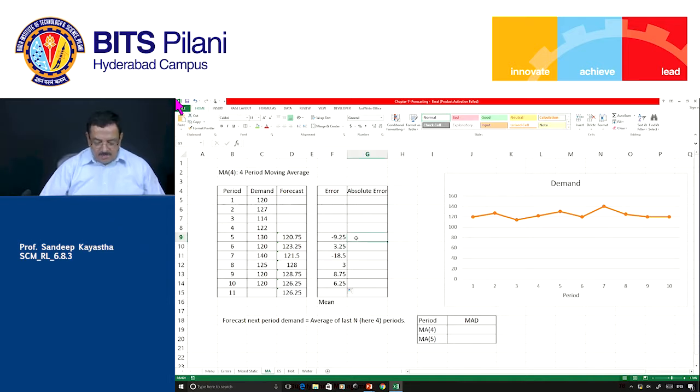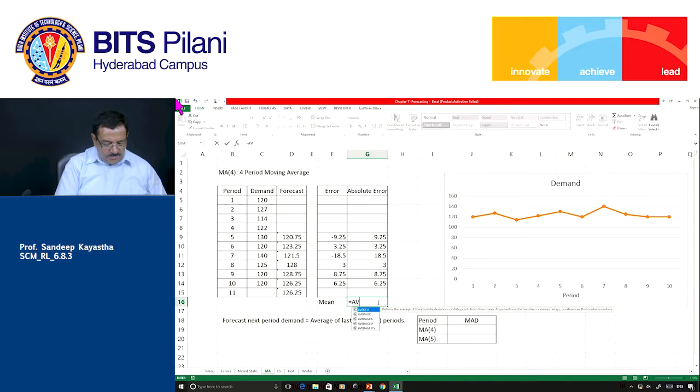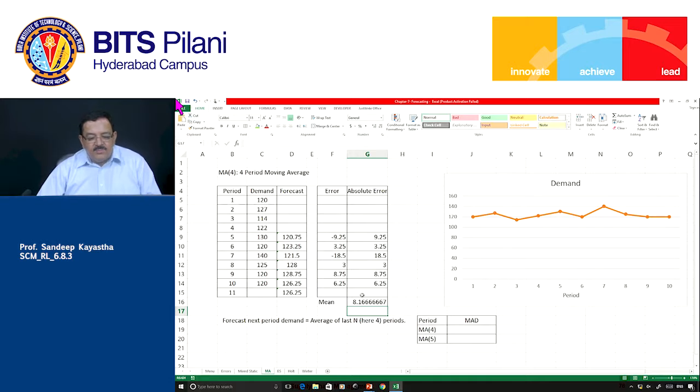So what is the absolute error? Absolute error is equal to error, take the absolute of that, it gives us absolute error. So negatives are made positive, positive remain positive, and here we take average value, which is mean absolute error, equal to 8.17.